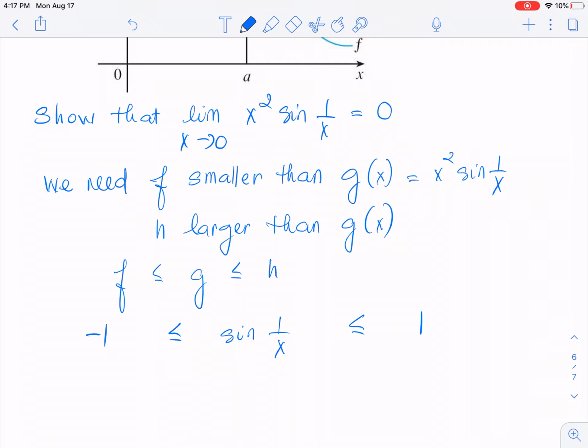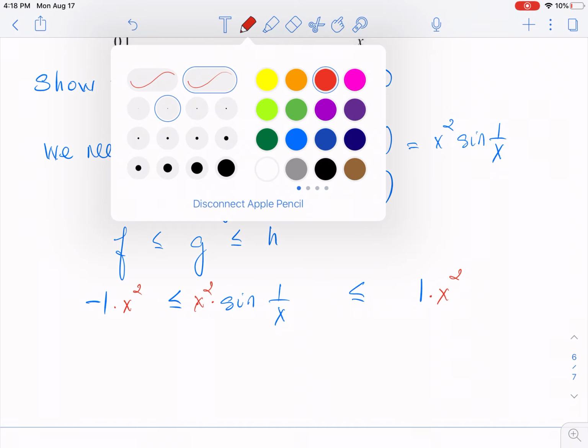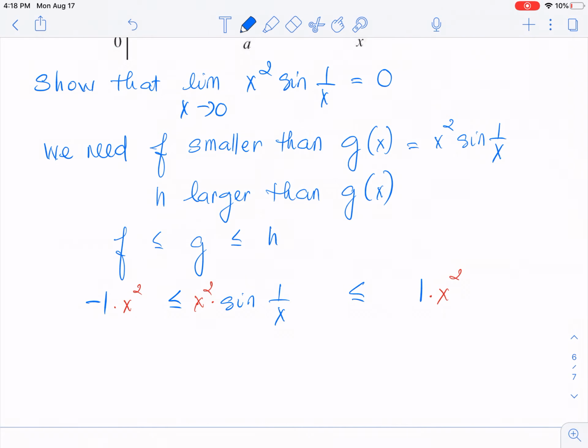We know that x squared is always positive for all x. So I'm going to multiply x squared by all of these functions. Because x squared is always positive, when I multiply, I won't change the inequalities. So we know that it's okay for us to multiply.